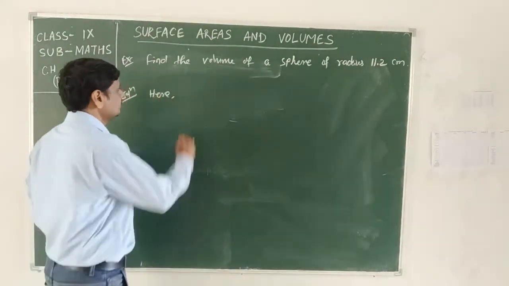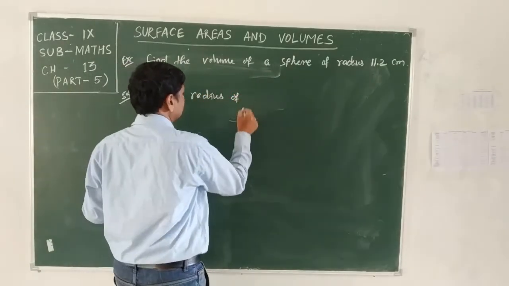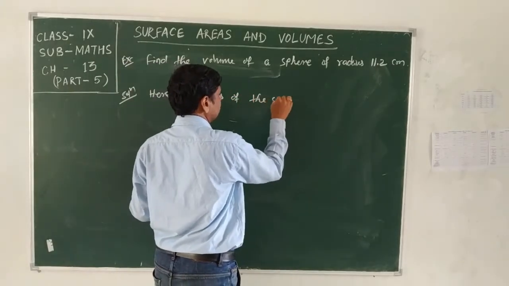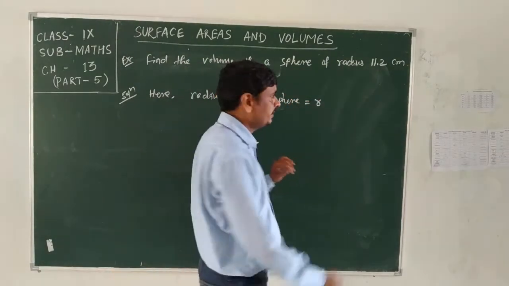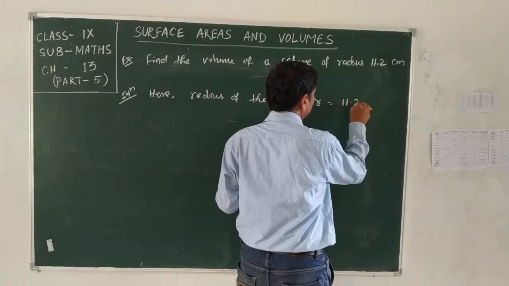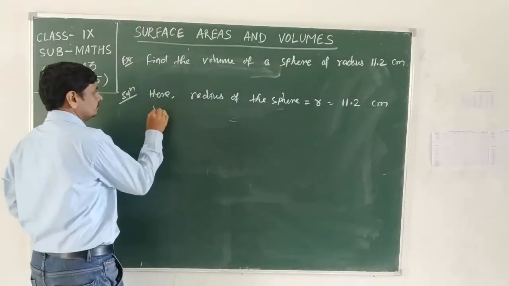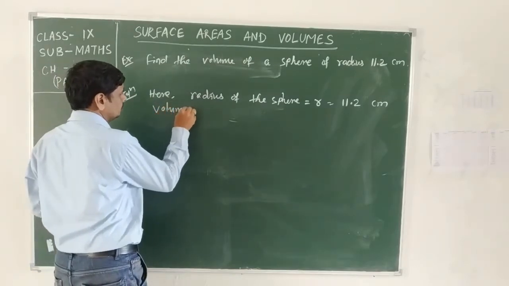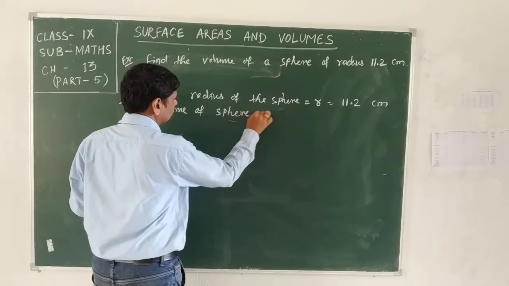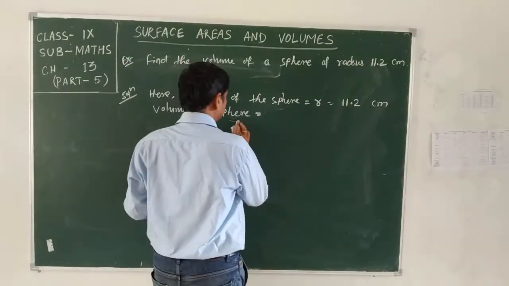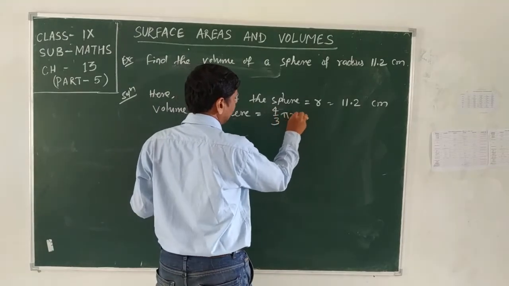Here the radius of the sphere, that is denoted by r, is given as 11.2 cm. Volume of sphere is calculated by using the formula 4 by 3 pi r cube.